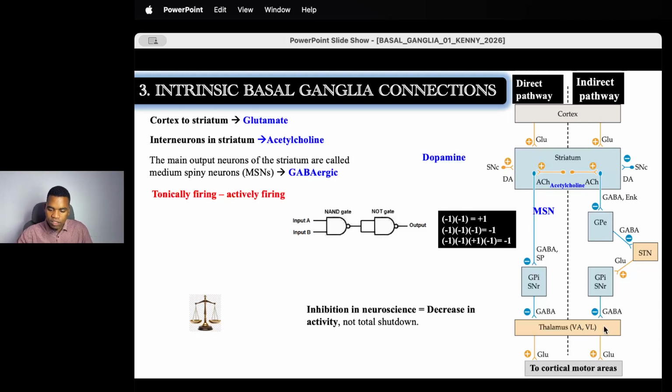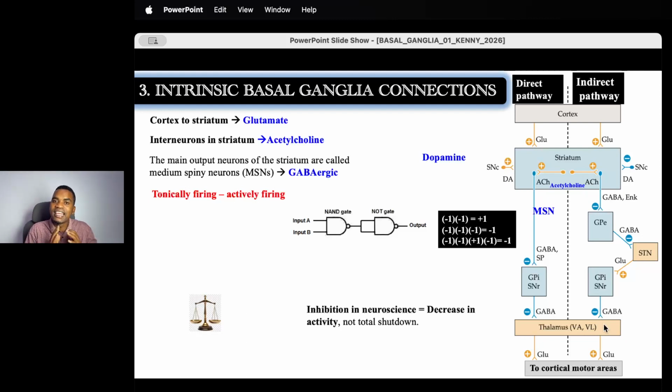We've seen the thalamus is tonically active, tonically firing electricity to the cortical motor areas. But this thalamus is being inhibited by these two nuclei from active firing. So in the end, it's like the thalamus does not fire the electricity. And now we have this nucleus called the subthalamic nucleus, and the subthalamic nucleus is helping these two nuclei to inhibit the thalamus.